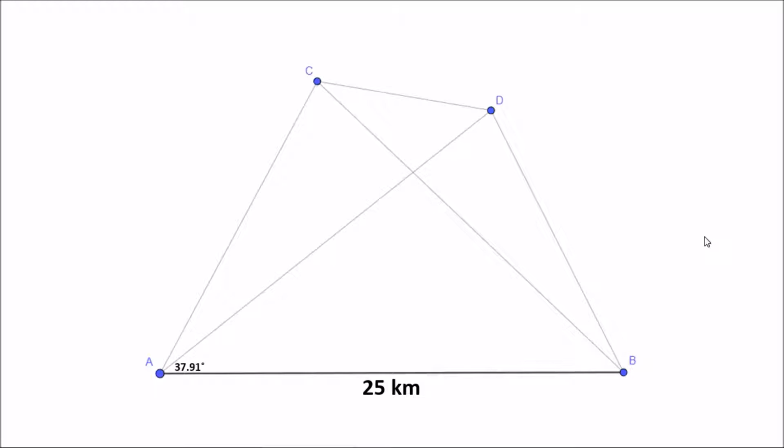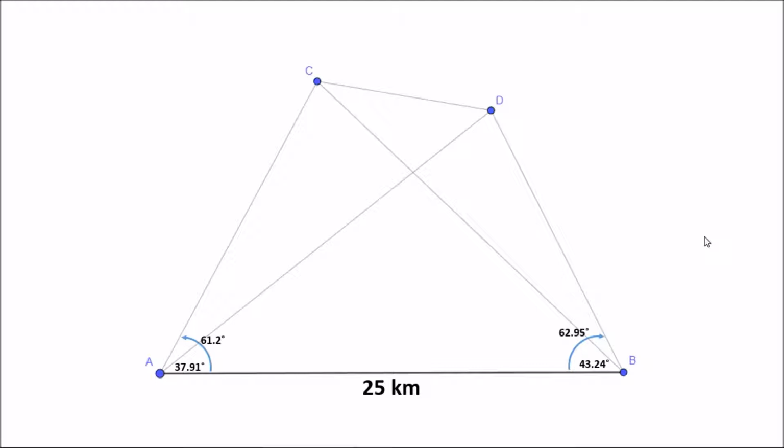So for example, here we've got 37.91 degrees to point D, and we've got 61.2 degrees to point C, in comparison to if A looked directly over towards B. B, on the other hand, has an angle of 43.24 degrees to C and 62.95 degrees to D.